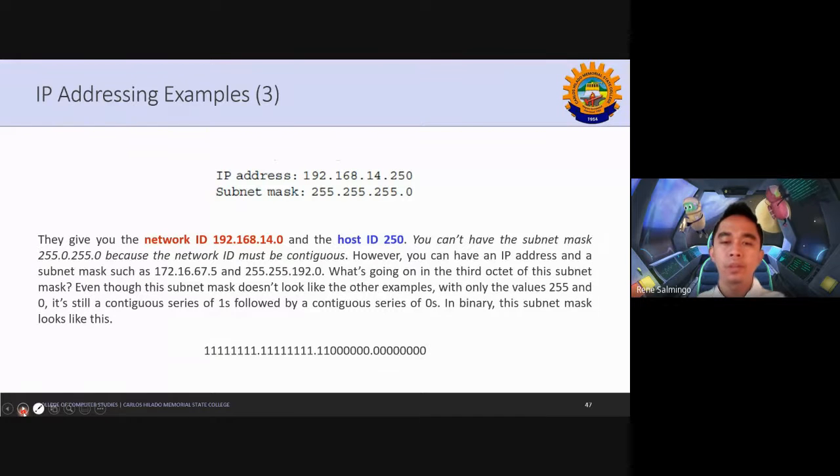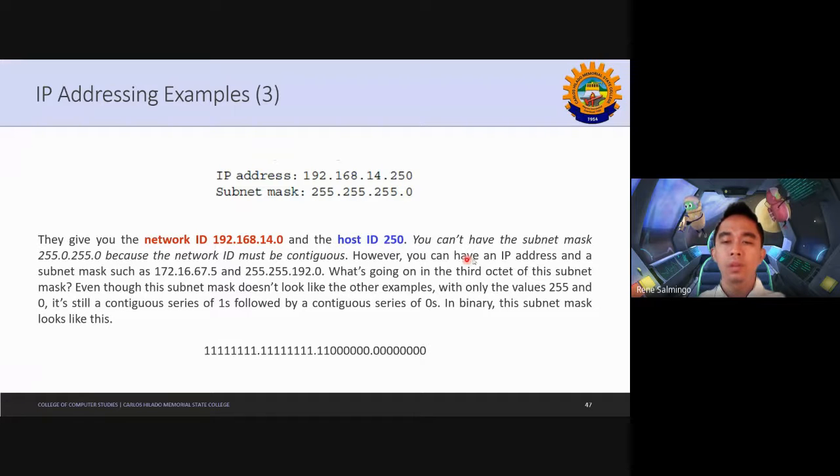So this is what type of IP address in your network 1? The IP address for this example is class C. So what would be your network ID? Given this example, the answer would be 192.168.14. That would be your network ID, and your host ID would be this one.